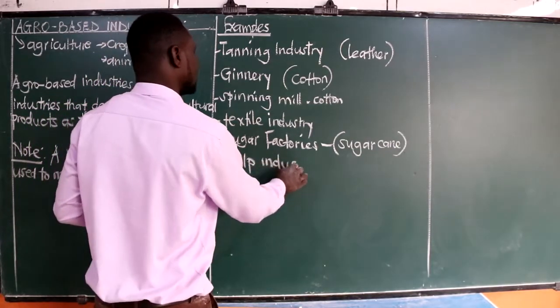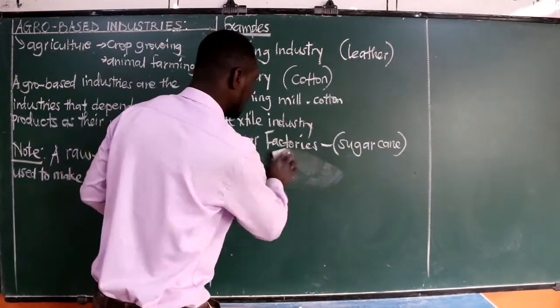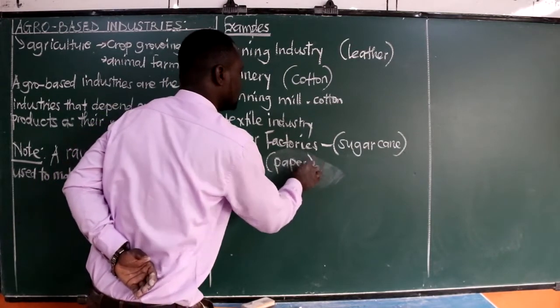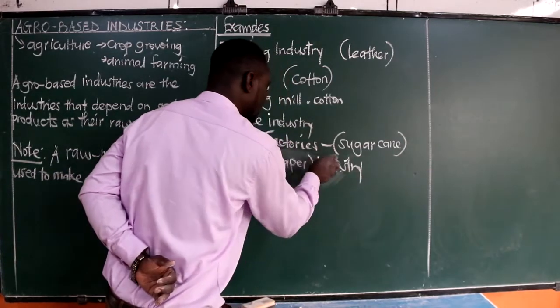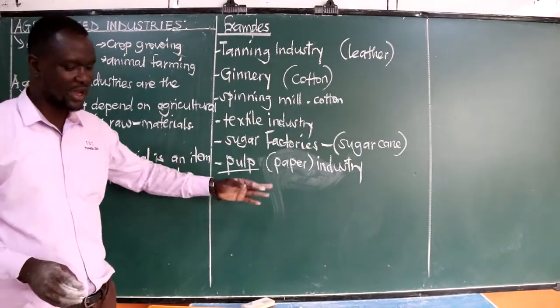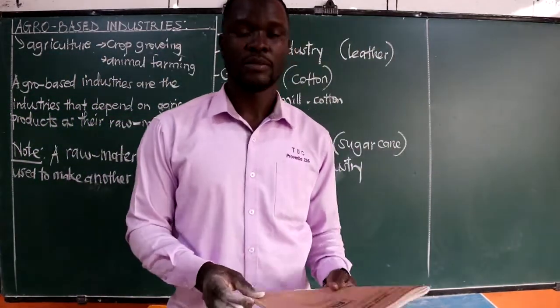We have the pulp industry. Pulp industry can also be called the paper industry. I think I have simplified it now. Pulp or paper industry means we are now looking at the ones that help us to make papers.